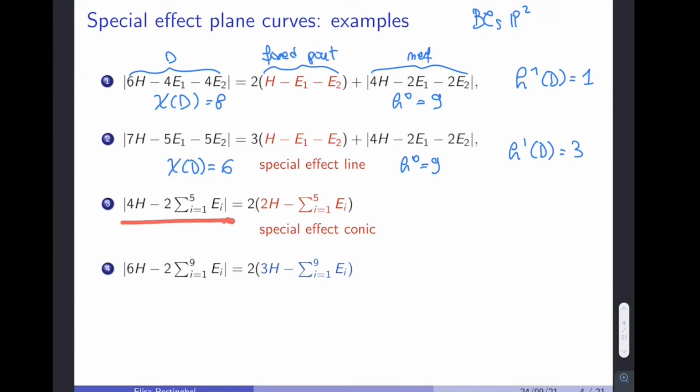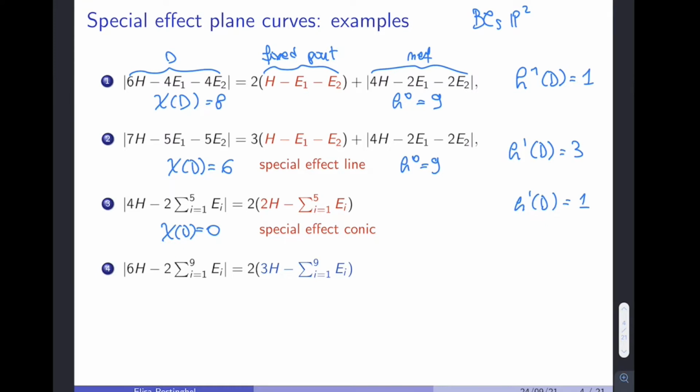We expect that there's none, so that the Euler characteristic is 0, but in fact there is one element that is the double conic. So also in this case, the speciality is equal to 1. So we have also identified another curve that is a special effect. That's a conic through 5 points.